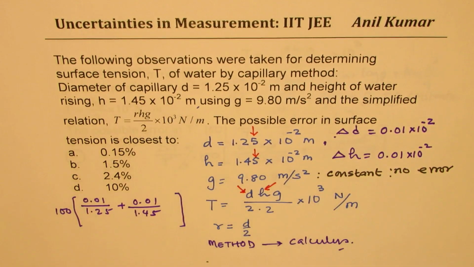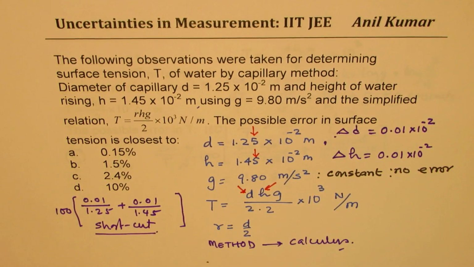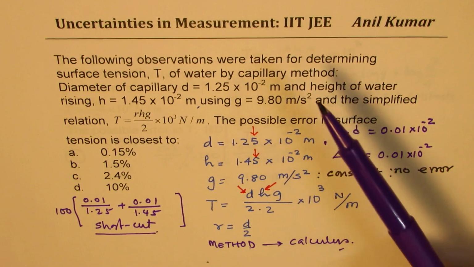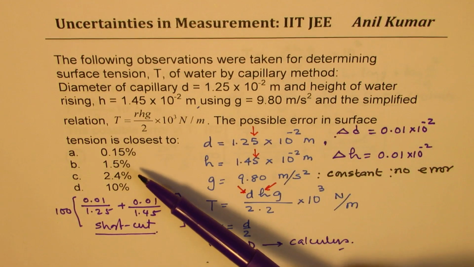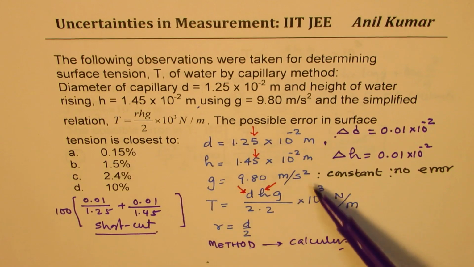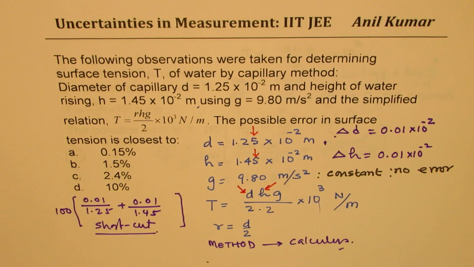The 10 to the power of minus 2 terms will cancel. So by writing this, we get a shortcut. This is very essential for a multiple choice question, especially for an exam like this where you need to save some time, and if the method is not giving you any additional marks, why not? Just do this and get your answer. I hope that makes sense.